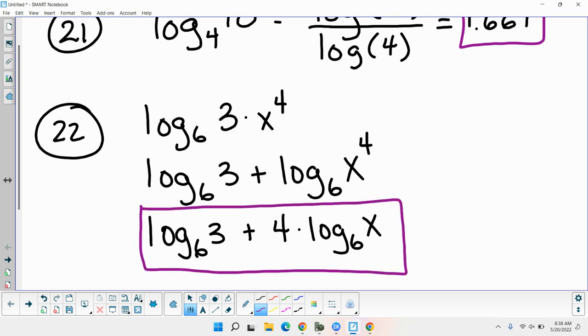If that was 3 over x to the 4th, as a fraction, then we'd make it subtraction. So remember, multiplication, we turn into addition when we expand, and then division, we would turn into subtraction when we expand, okay?